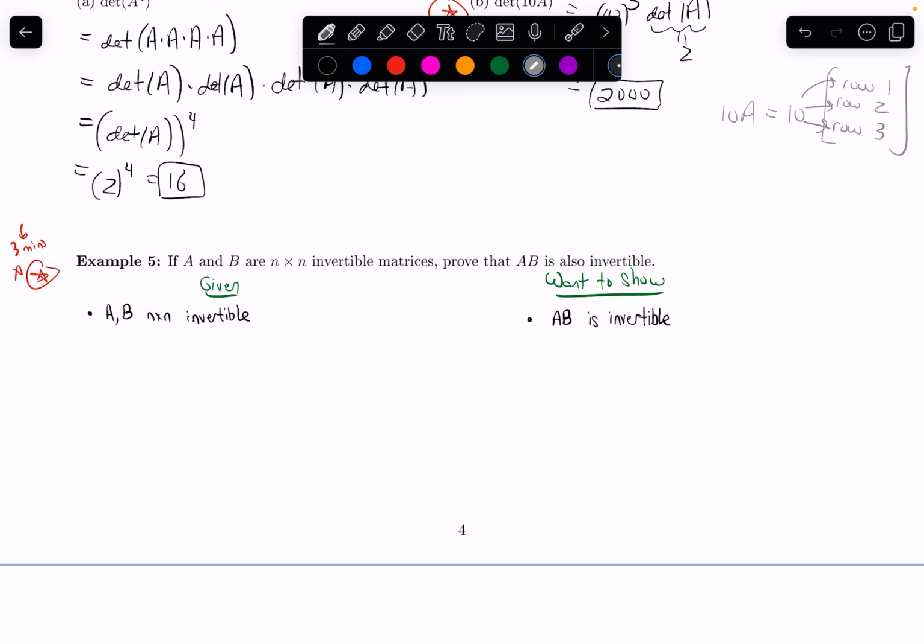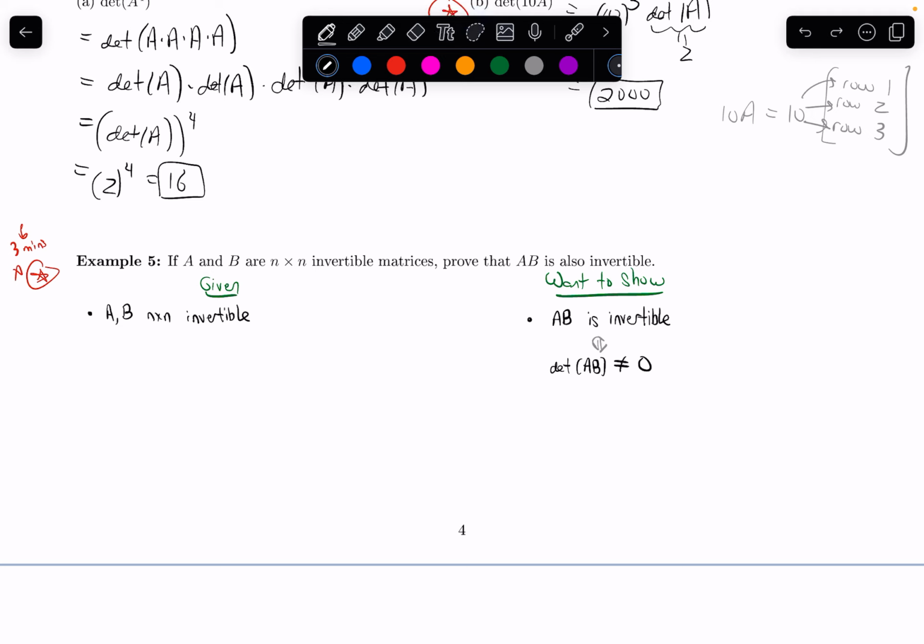Because if I'm trying to show AB is invertible, that's equivalent, so I'll put a double-sided arrow, to saying that its determinant should not be equal to 0. Okay, so if I could show its determinant is not 0, we'd be done.